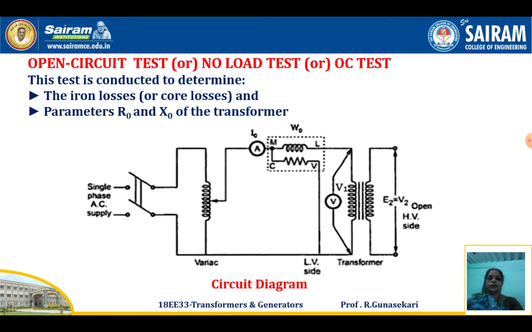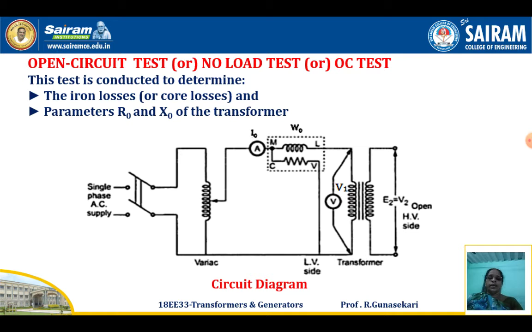Supply is given, that is single phase AC supply is given, that is, switch on the main power supply. Then the DPST switch is closed. Then by using the variac, that is the single phase auto transformer, we apply the rated voltage to the primary of the transformer. So the voltmeter V records the applied voltage or primary voltage or rated voltage, which is equal to V1 or V0.